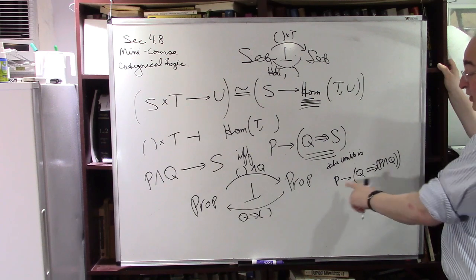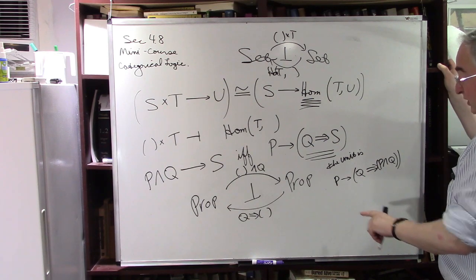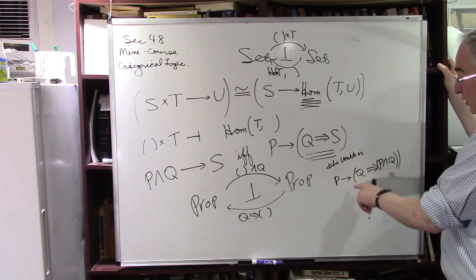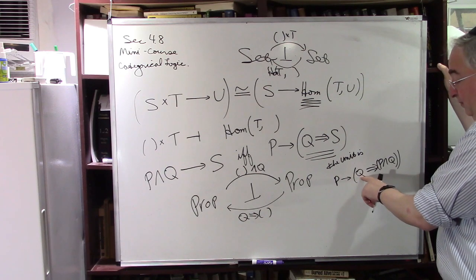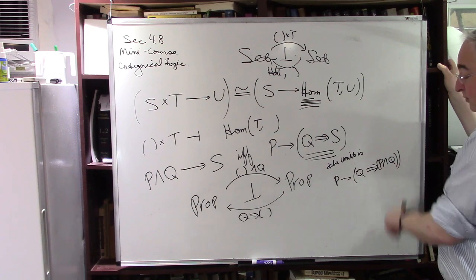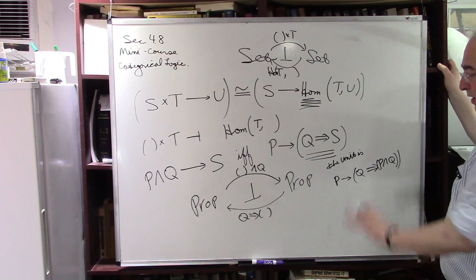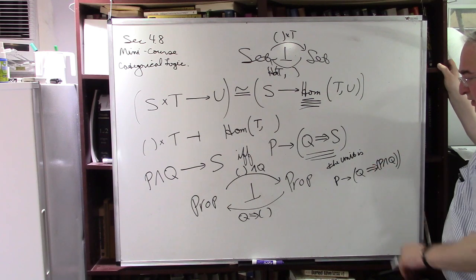And you start off with the identity. So this is the unit. It says if you know P, and that implies that if you know Q, then you know P and Q. That's nice. It doesn't say anything shocking.